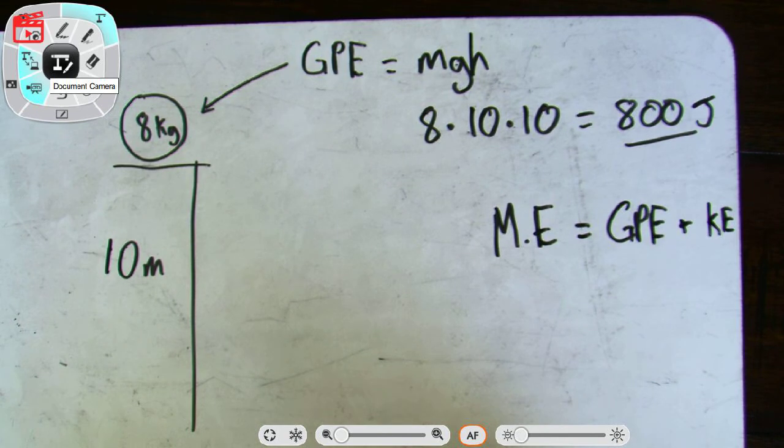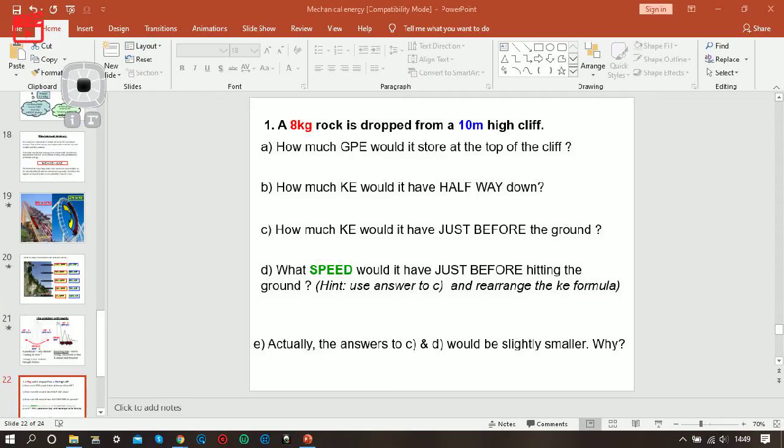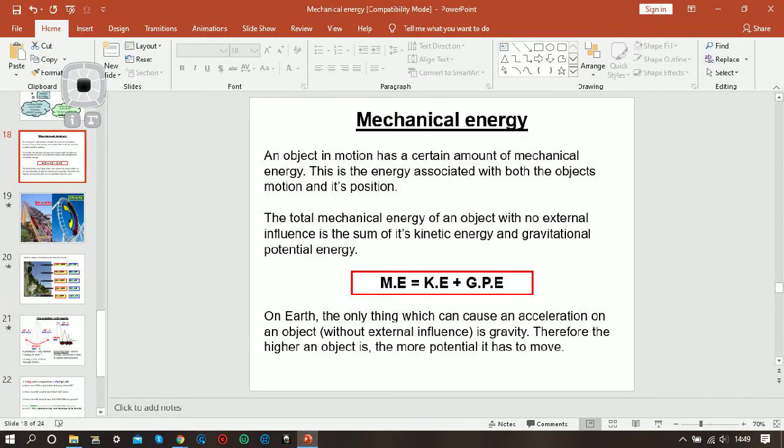So let's take a look at the slide back along. This slide here talks about what mechanical energy is. It's the total energy that an object in motion has. And on Earth, if there are no external influences, the only thing that could cause something to accelerate is gravity, right?